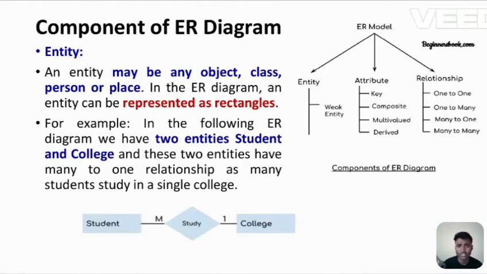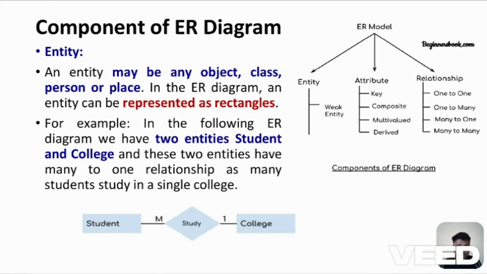Then we have the components of an ER diagram. Entity: an entity may be any object, class, person, or place in the ER diagram. An entity can be represented as a rectangle. This is an example of a student. We are going to study this in the next video, but I will explain it. This is our entity, and this is also our entity, and studies is the relation between them.